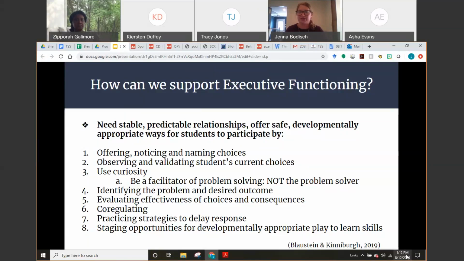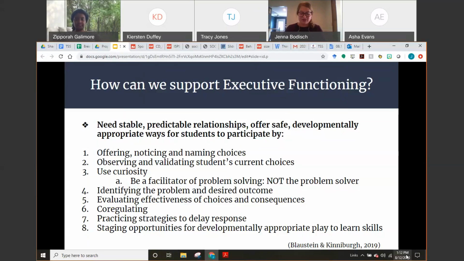Number 6, co-regulating. If you've been trained in the therapeutic crisis intervention in the schools, co-regulating is sometimes termed help me help myself. So this cannot happen if we're not regulated. As Tracy touched on in the beginning, if we are not modeling calm and collected emotions, how can we expect the youth that we're working with to be doing that?